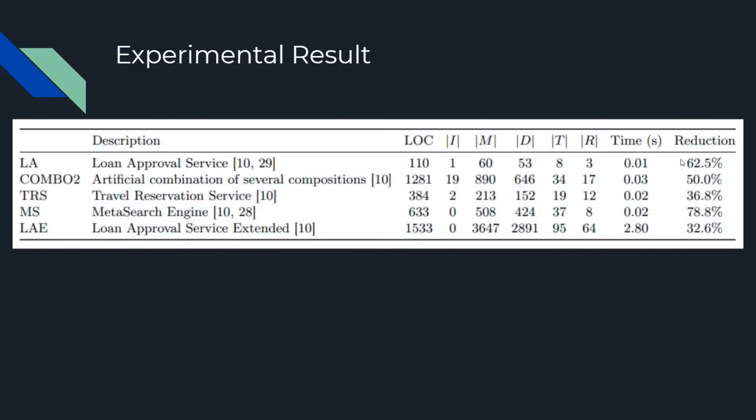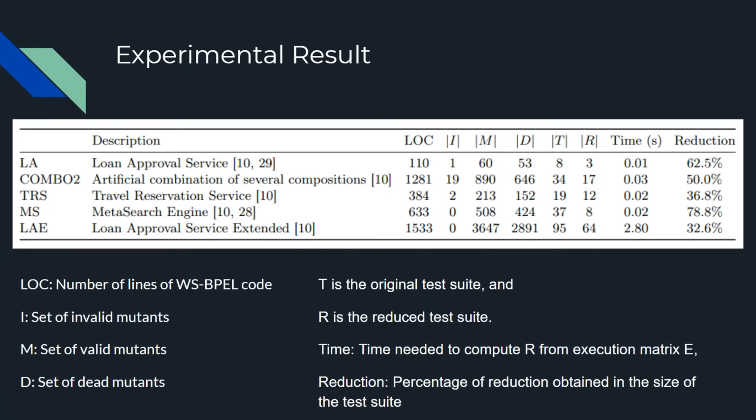The paper provided the experimental results table as follows, where LOC stands for the number of lines of web service BPEL code. I is the set of invalid mutants. M is the set of valid mutants. D is the set of dead mutants.